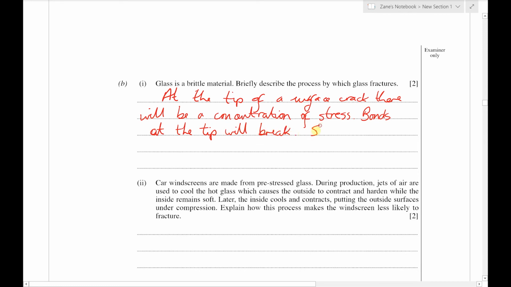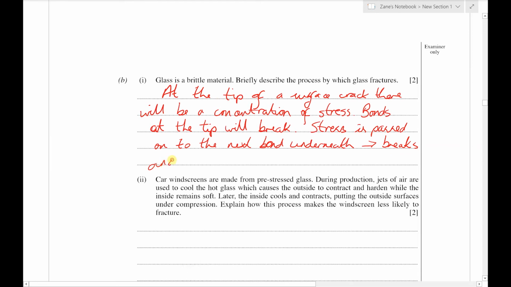That means that the stress is then passed on to the next bond underneath. And that bond will break, and so on. So the crack will propagate very quickly through the glass.